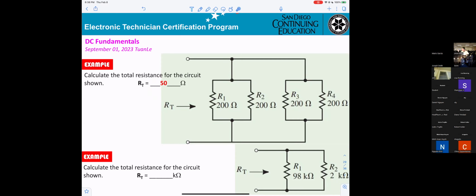That means you take the total current times R2 divided by R1 plus R2. This is the formula. Okay, that's what we call the current divider law.